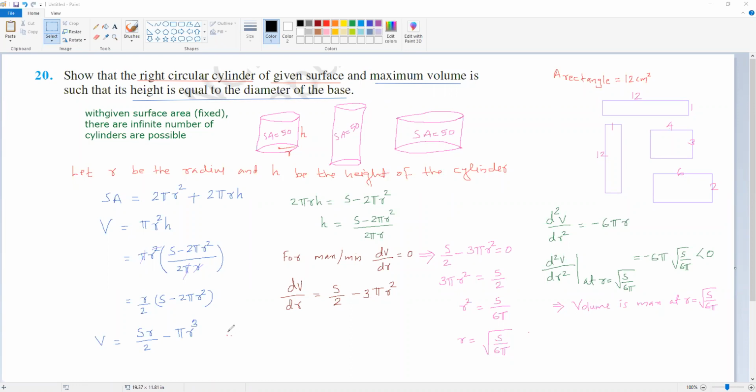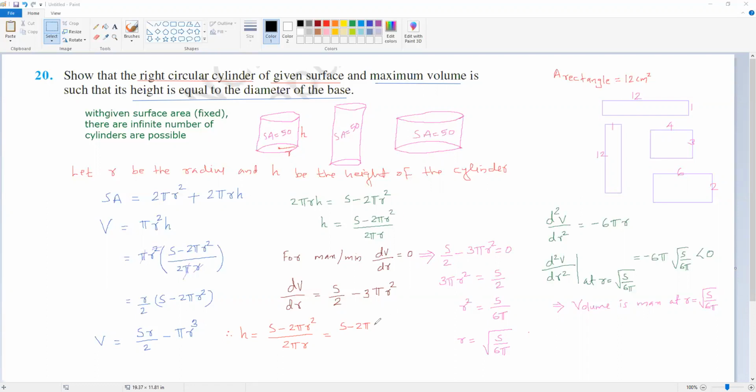इधर लिख रहे हैं, therefore height is equal to ये आपके पास है s minus 2 pi r square divided by 2 pi r. So which is equal to s minus 2 pi r is s divided by 6 pi under root.